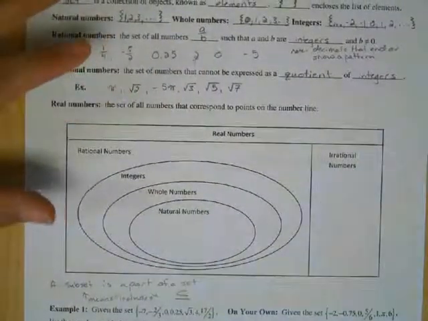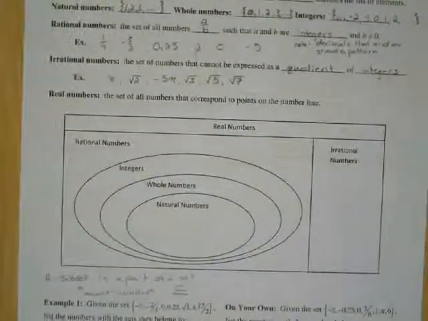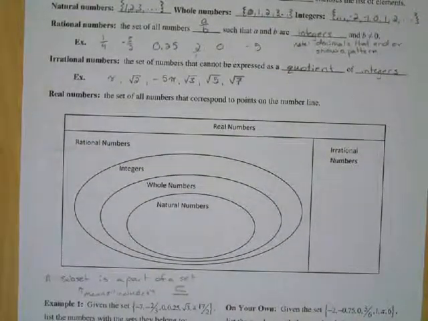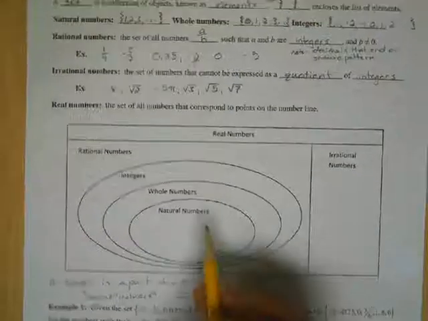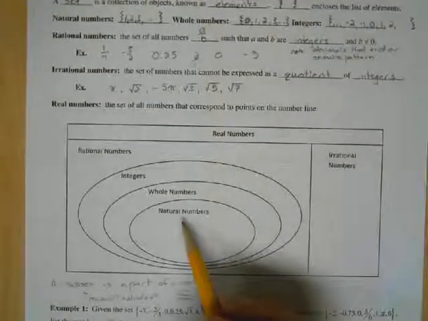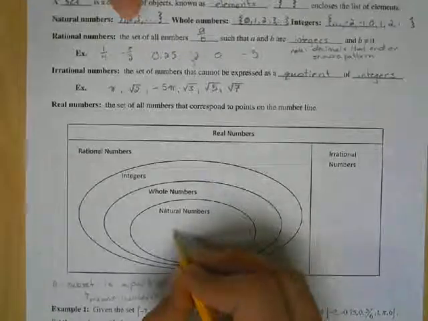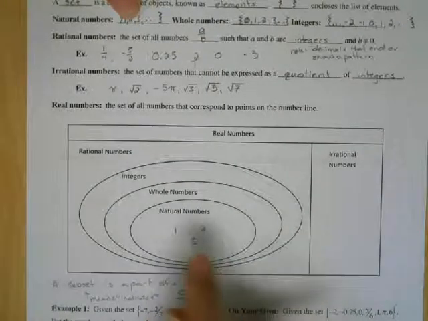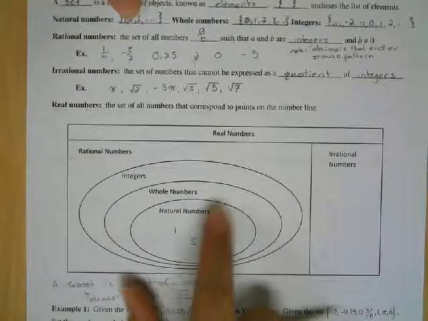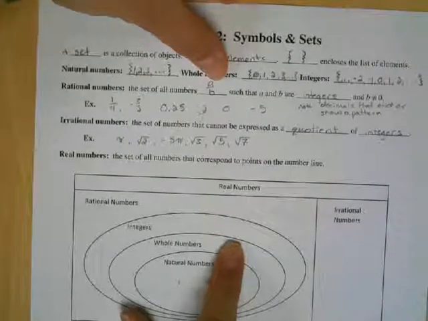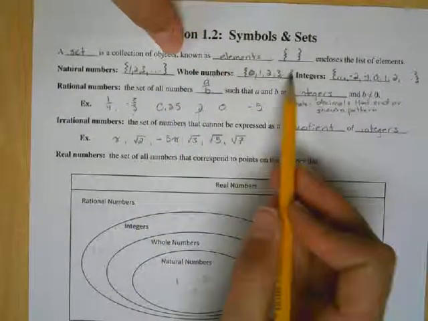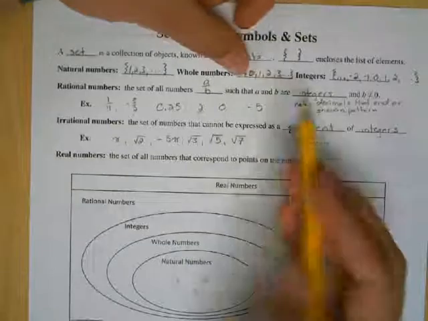That's considered a subset. So for instance, if I look at those natural numbers, the 1, 2, 3, 4, 5, well, natural numbers are also whole numbers, right? Because if you look back up here, the whole numbers are all the natural numbers plus the 0.